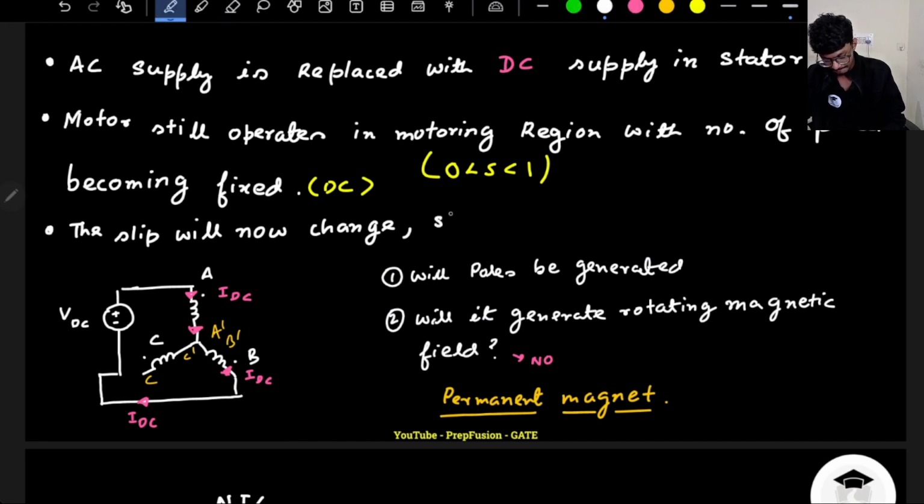S prime, S new, will be 1 minus S old. So the developed graph will be somewhat like this.